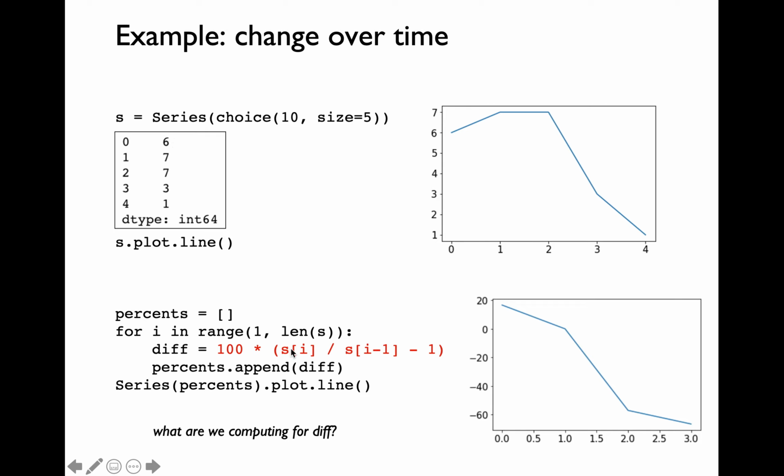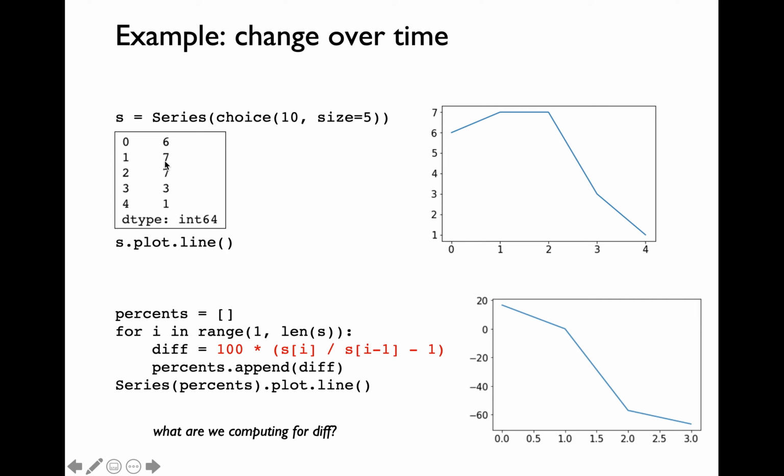How am I doing the comparison? I'm simply saying s of i divided by s of i minus 1, which is the previous value, and then I'm subtracting 1. That will give me the difference, and I'm multiplying that by 100 to convert that into a percentage.